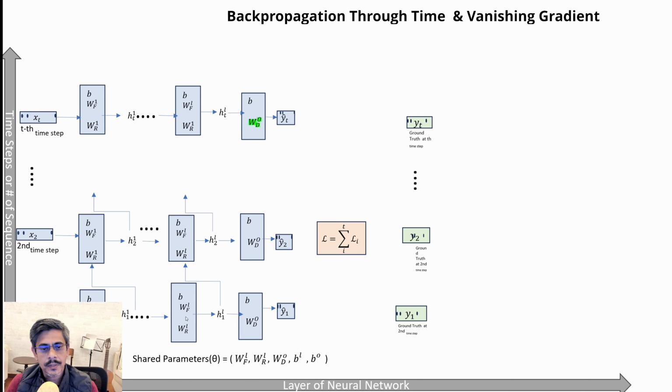For example, this feed forward weight at time steps 1, 2 and up to T is the same weight matrix, shared across the time steps. Similarly, the bias. So these are the shared parameters.